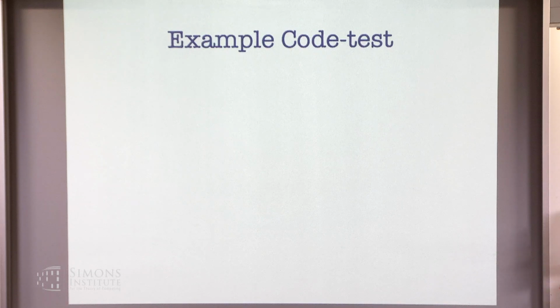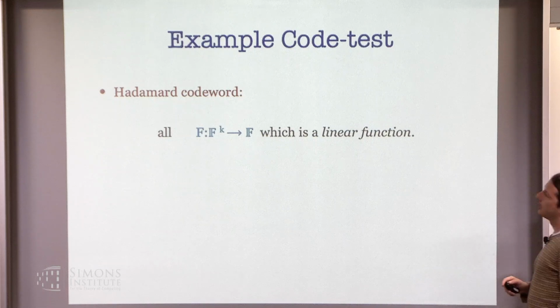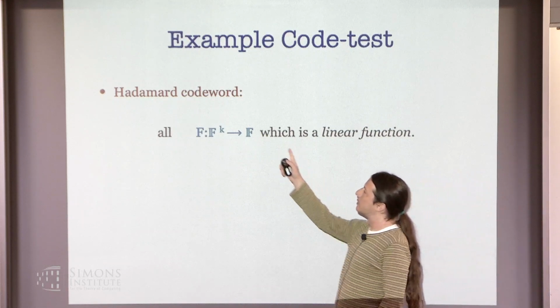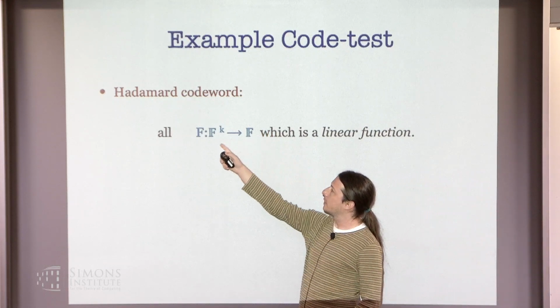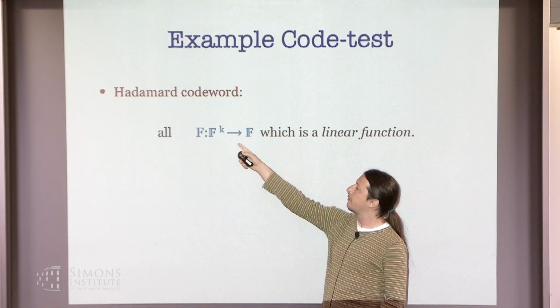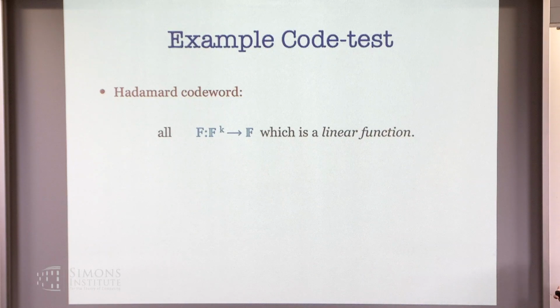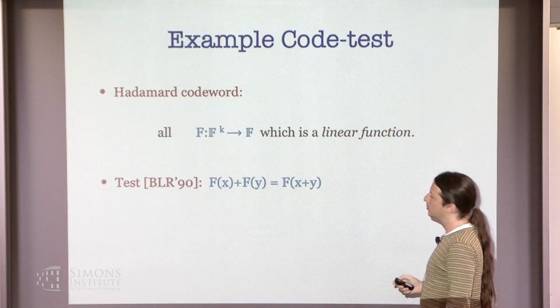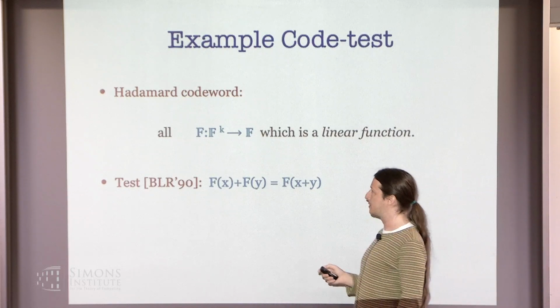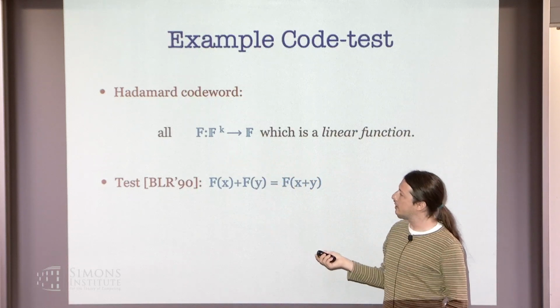OK, so here's a quick, well-known example of a code test. The code is the set of linear functions from F^k to F, where F is some small field maybe. And then the Blum-Luby-Rubinfeld test says, OK, you're given all the values of this function, and you want to know that it's linear.